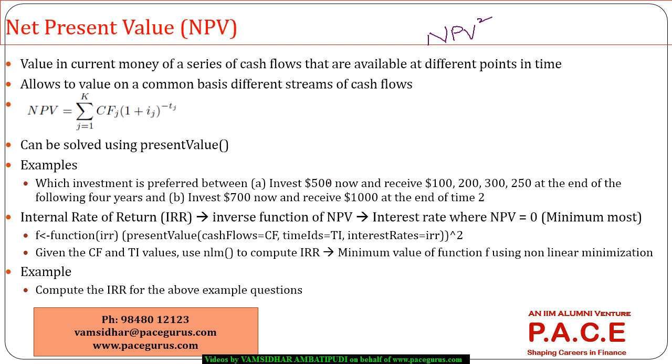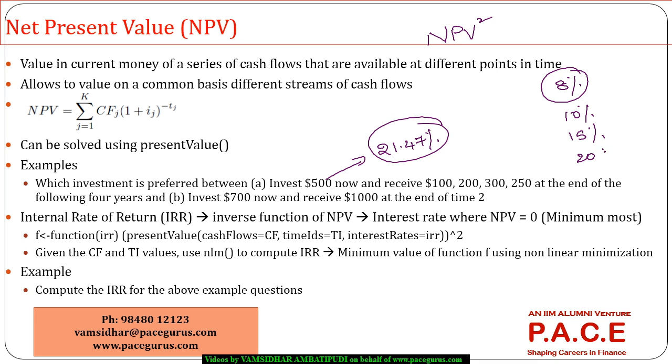This means that when the investor had an 8% required rate of return, this is a profitable project. Even if he has 10%, this would be an acceptable project. Even if he has 15, 20, up to 21.47% requirement, this project would be an acceptable project itself.